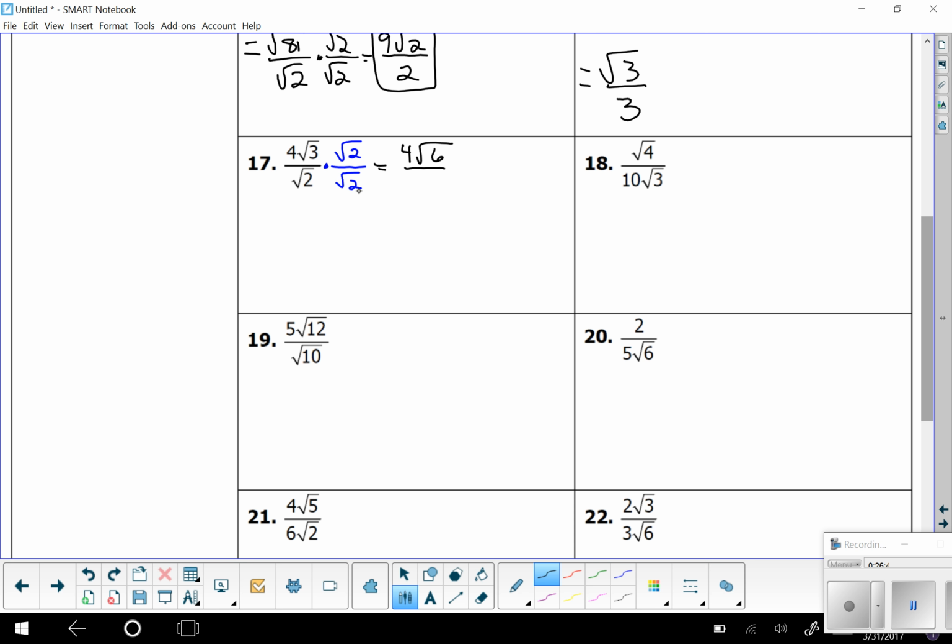Square root of 2 times the square root of 2 is the square root of 4. So we get 4 square root 6 over square root of 4 is 2. Now when you get to this spot, if you can reduce, you need to reduce. So this can be reduced right here.